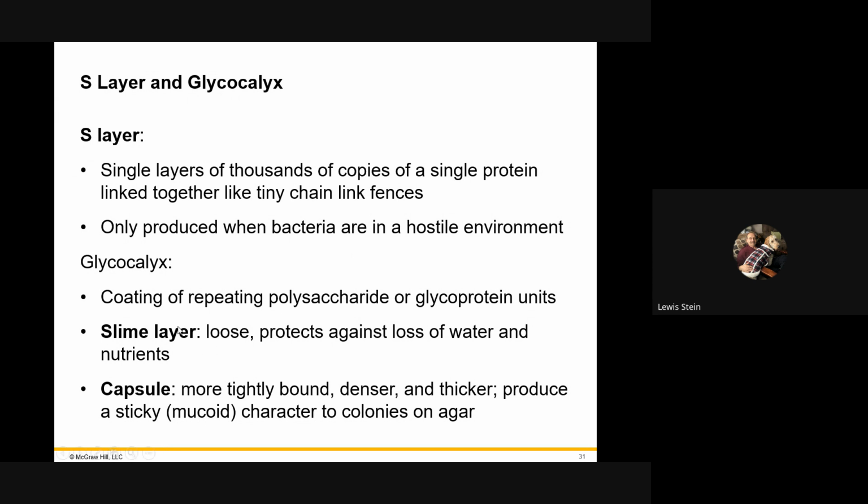And this is the note about the slime layer and the capsule. Slime layers are loose, sticky, and hold on to things. The capsule is very significant in disease. It's thicker, and macrophages, which is how we defend ourselves, swallow up the bacteria and destroy it. Even if it swallows it, it can't destroy it, or the capsule is too big to swallow. So capsules play a role.